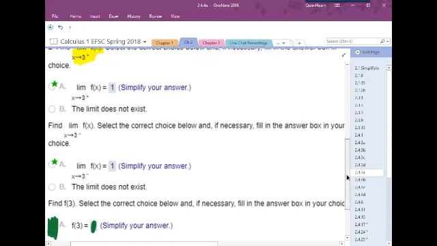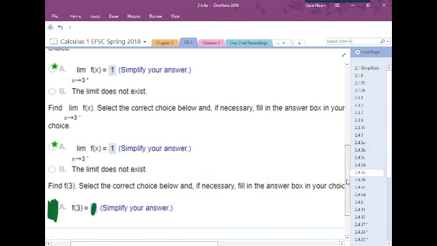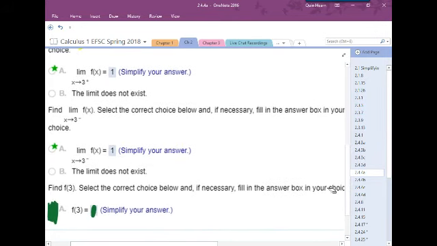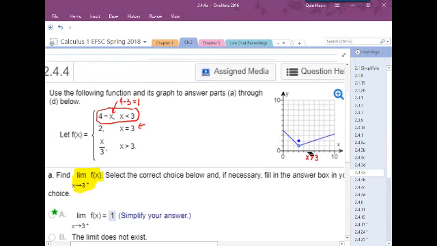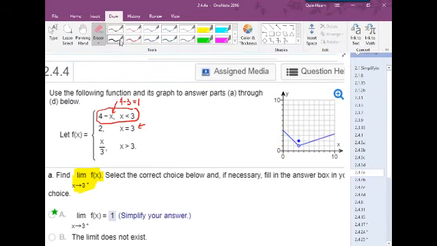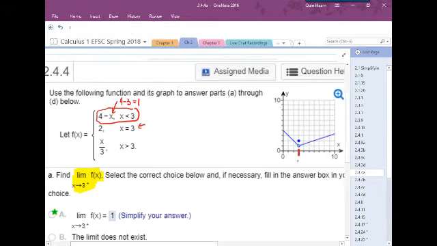So the next part of the question says, find f of 3. All right, well, f of 3 is referring to the y value at 3. So you can see on the graph that the y value at 3 is going to be 2. But you could also see that by plugging in to the function.